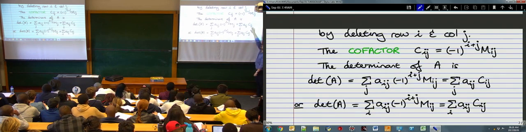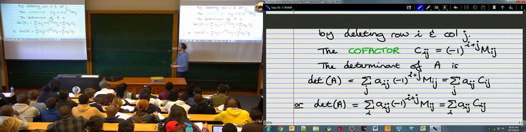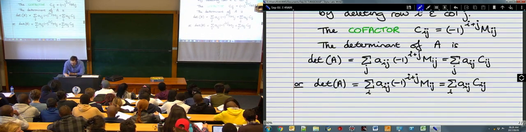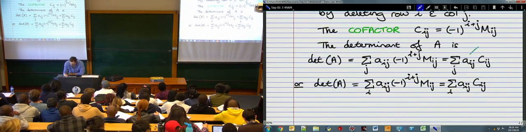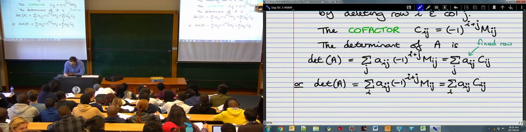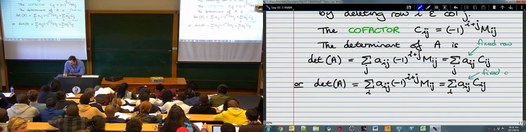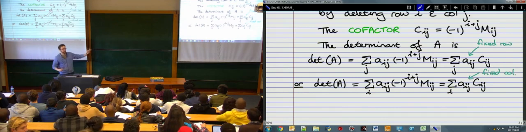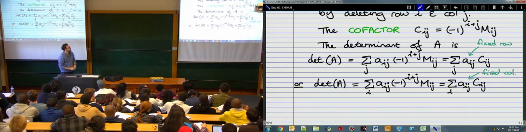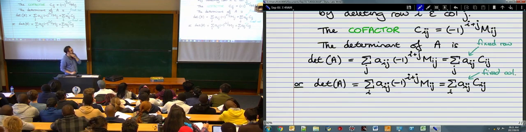This expands along a row, this expands down the column. So this is fixed row, and this here would be for a fixed column. So you can either fix a row and expand along the columns, or you fix a column and you expand along the rows, but you get this expression for the determinant.